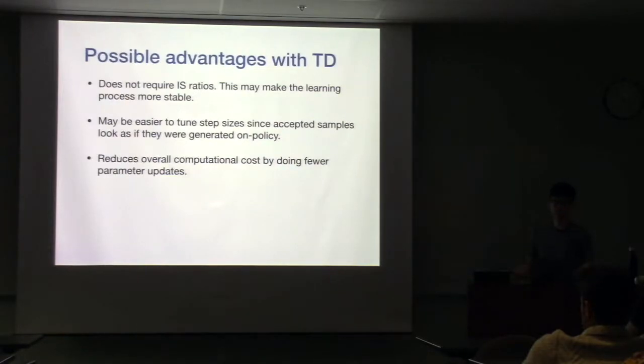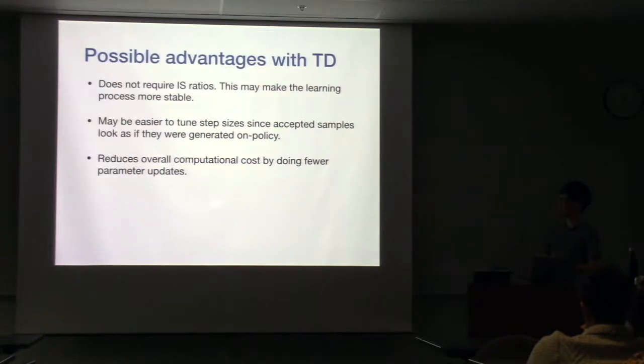So what are some possible advantages? The first is it doesn't require the importance sampling ratios. So this could make learning possibly more stable and have less variance. Second, it might be easier to tune step sizes because the accepted samples look as if they were actually generated from the target policy.